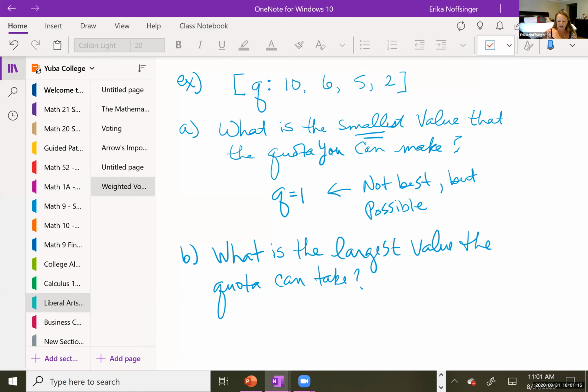So think about it. What do you think the largest value would be and why?